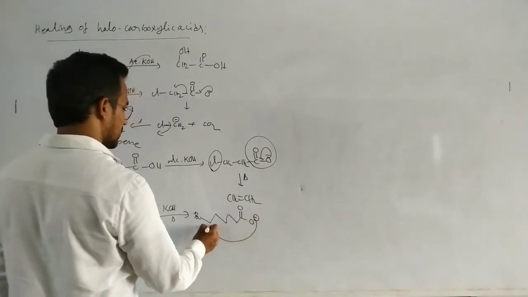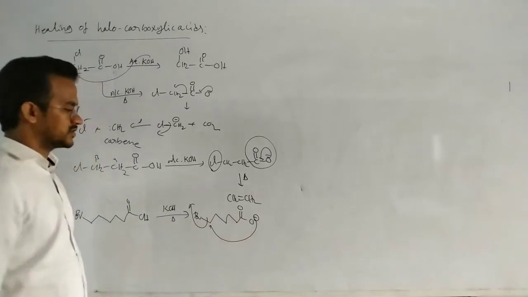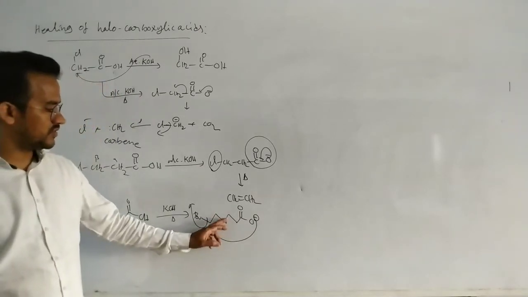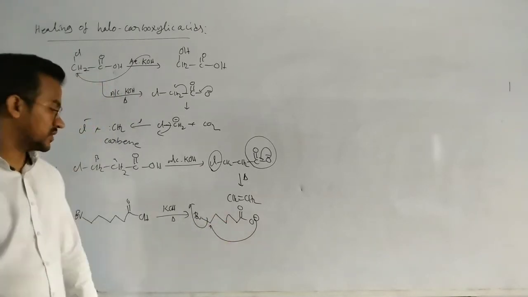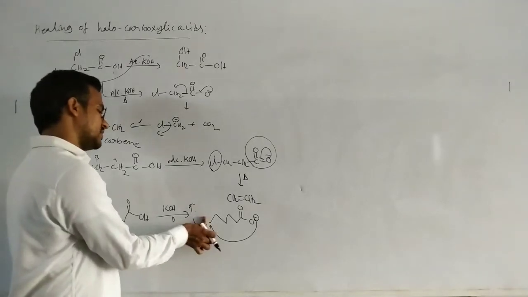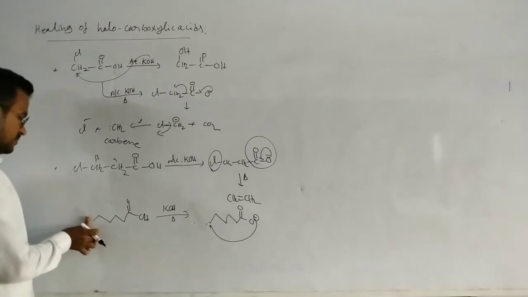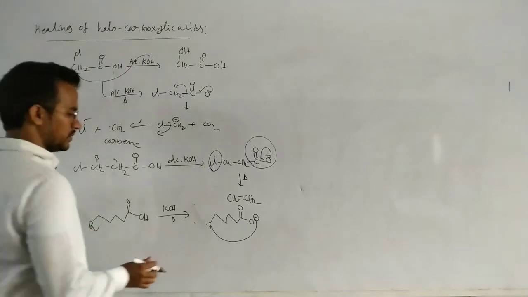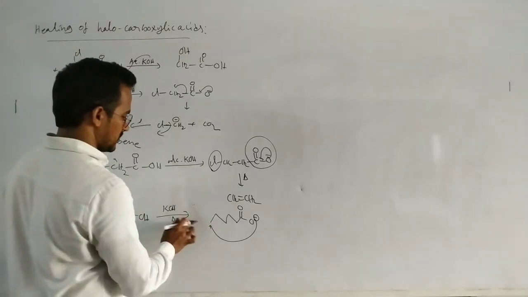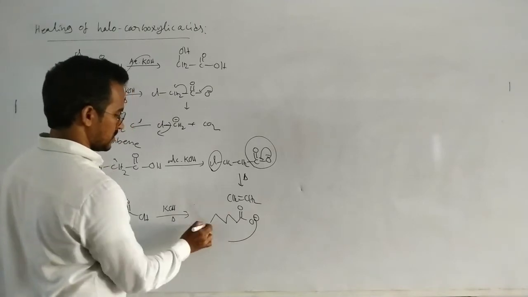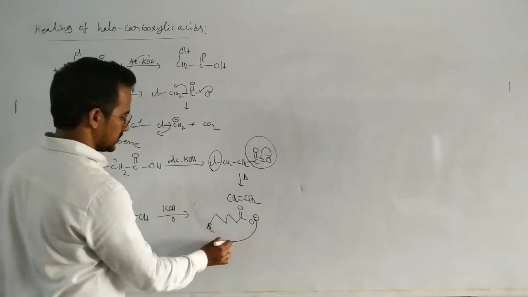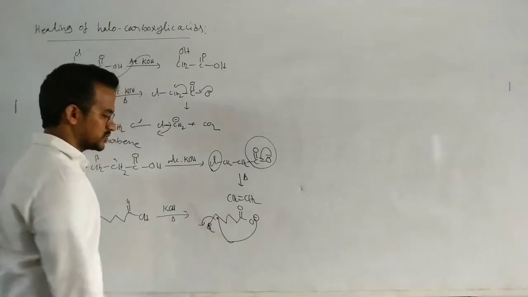And then here an intramolecular substitution reaction takes place. So here 1, 2, 3, 4, 5. Sorry, this one, just wait. It is a bromine. Here intramolecular substitution takes place.